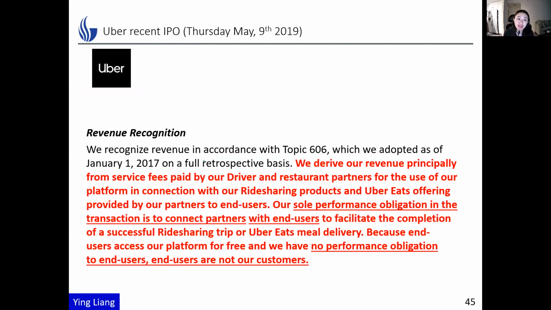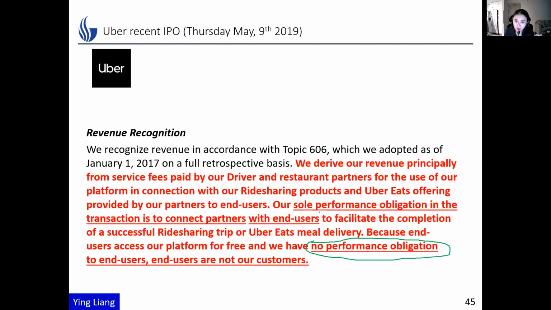Now, the most recent case is Uber. Uber went public in 2019, and in their revenue recognition statement, think about Groupon and Uber. Groupon is clearly an agent, but how about Uber? Well, in their statement, they say that Uber does not have any performance obligations.